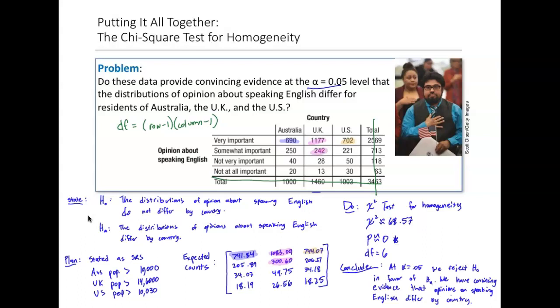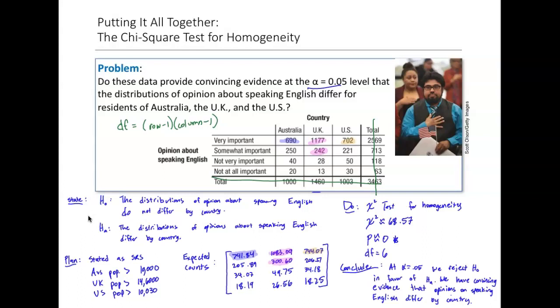So you only need to do that follow-up analysis if you're asked questions about it. But that's how you do the follow-up analysis. You just look at what are the largest differences in the observed counts versus the expected counts. Any questions about that? So that's the chi-square test for homogeneity.